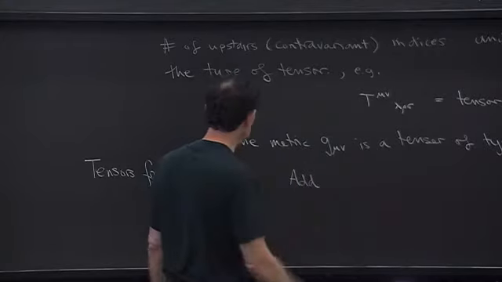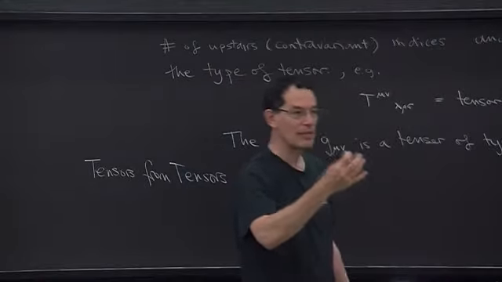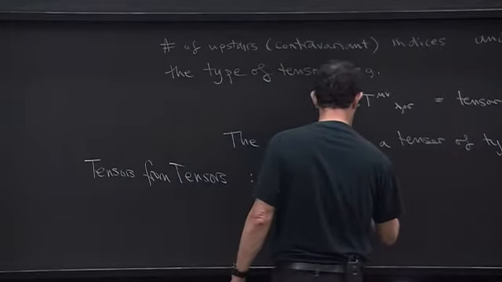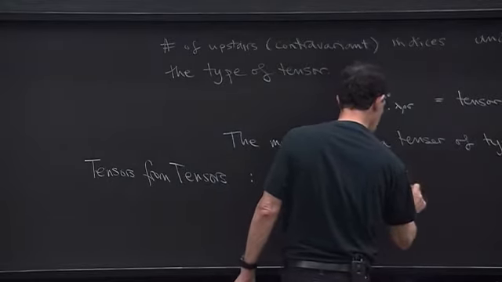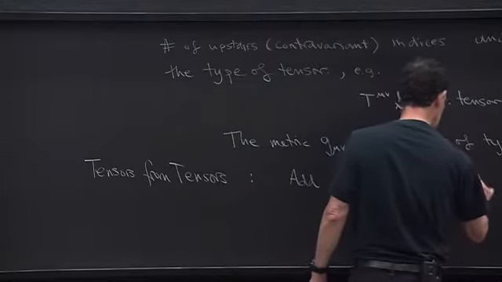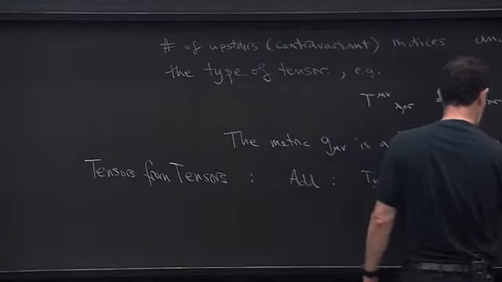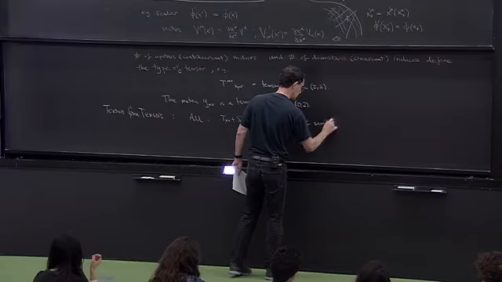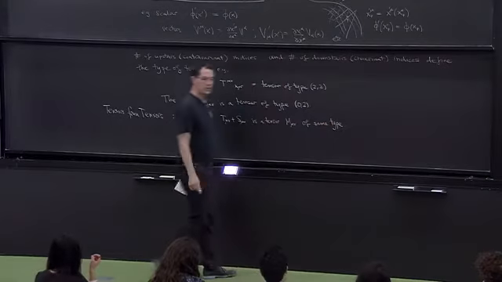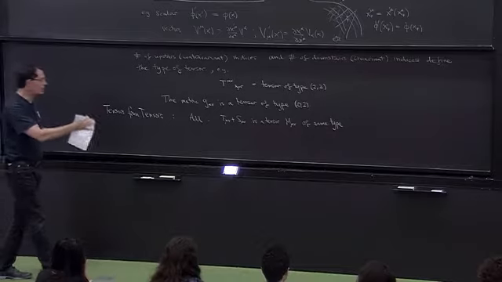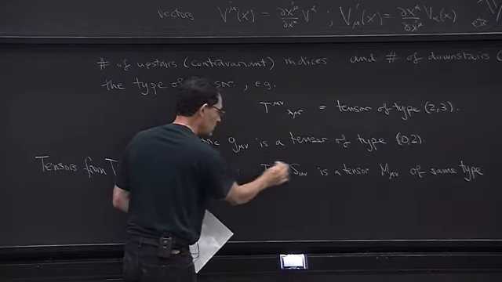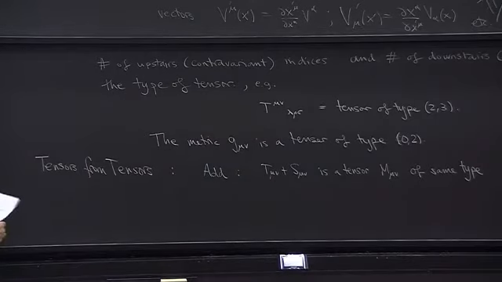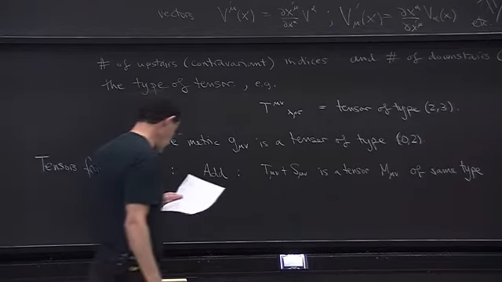If two tensors are tensors of the same type, then their sum is, so if T mu nu plus S mu nu is a tensor M mu nu of the same type. That's obvious, because if I prime everything, I need the right Jacobian matrices in front of these two, and those are going to be exactly the right ones to transform M. So you can add tensors to get other tensors.